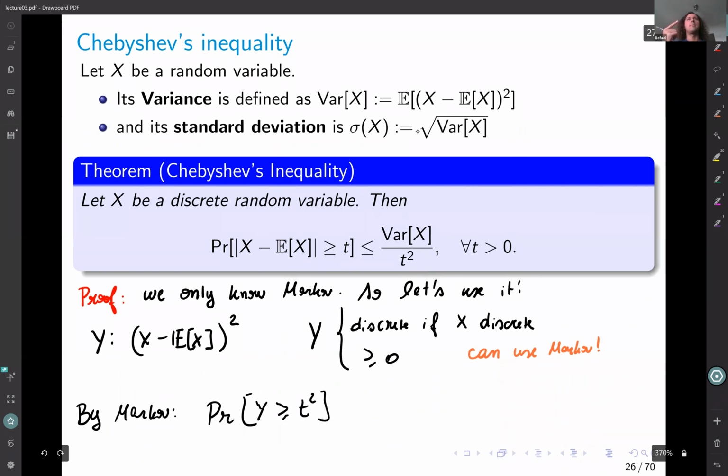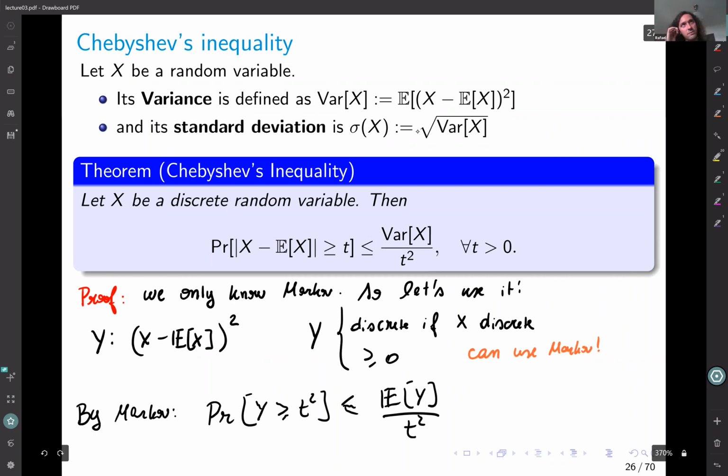And why am I saying y greater or equal to t squared? Because what we really want to bound is the absolute value of x minus the expectation of x, right? I'll get back to that later, but if we use Markov here, we have that this is less than or equal to the expected value of y over t squared, right?